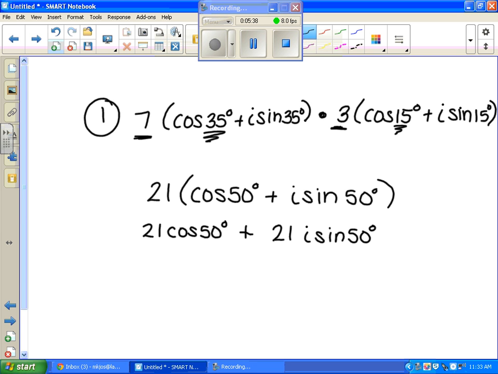So on your calculator, everybody do 21 cosine of 50. And hopefully when you do that, you get 13.5. I'll wait for everybody to do that to see if they get the right answer. See if you get 13.5.